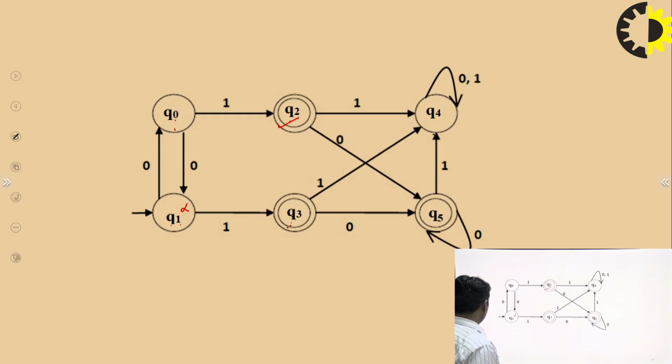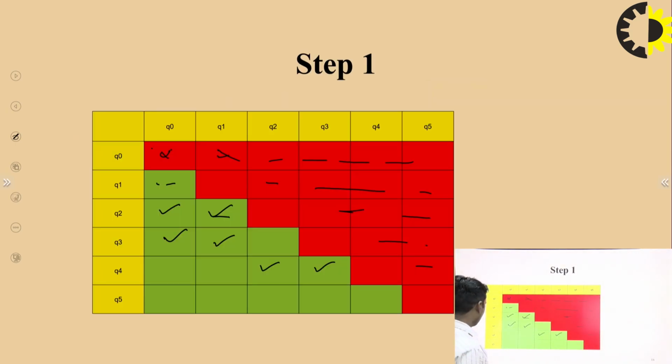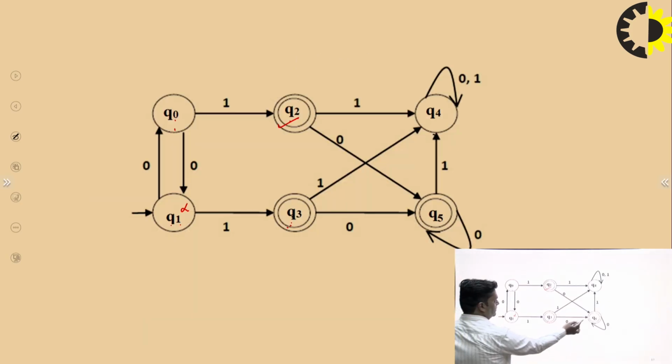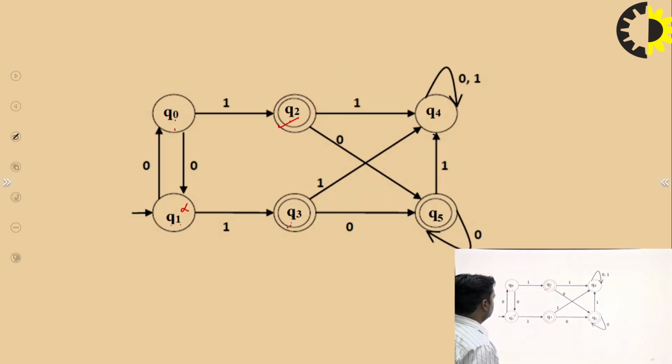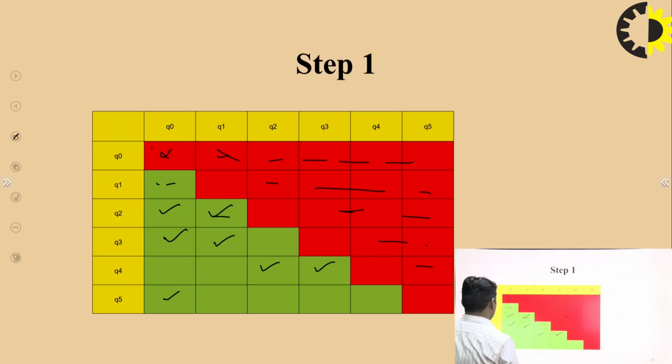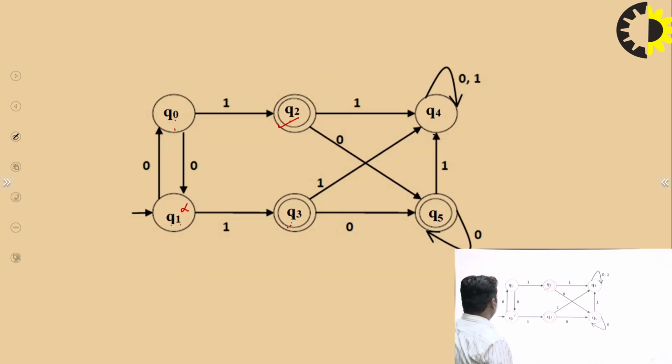Next Q5, Q0. One is final and one is non-final, so we mark it. Q5, Q1. We mark it because one is a final state and one is a non-final state.